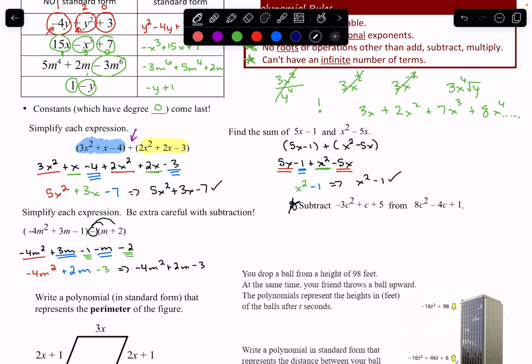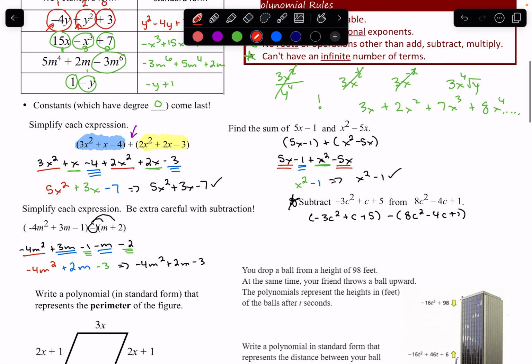Okay, so I am starting with -3c squared plus c plus 5, and I'm going to subtract the polynomial 8c squared minus 4c plus 1. I'm really careful that when I write this the first time, I put my polynomials in parentheses because I'm taking this polynomial. Oops, I wrote that backwards. I'm subtracting this. Let me color these for you. I didn't read it very closely.